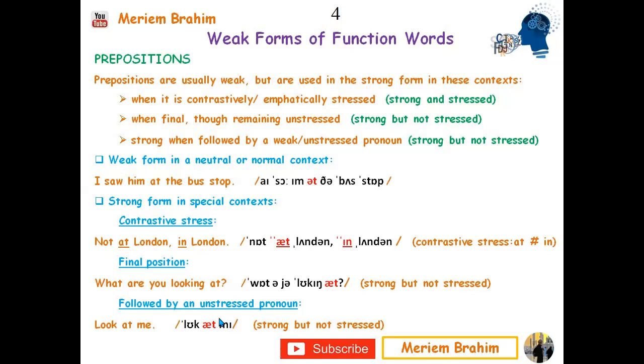Because it is followed by a weak unstressed pronoun, which is "me". So we cannot pronounce both of them weak. We cannot say, look at me. So we say, look at me, or look at him. In this case, the preposition is strong because it is followed by an unstressed or weak pronoun.